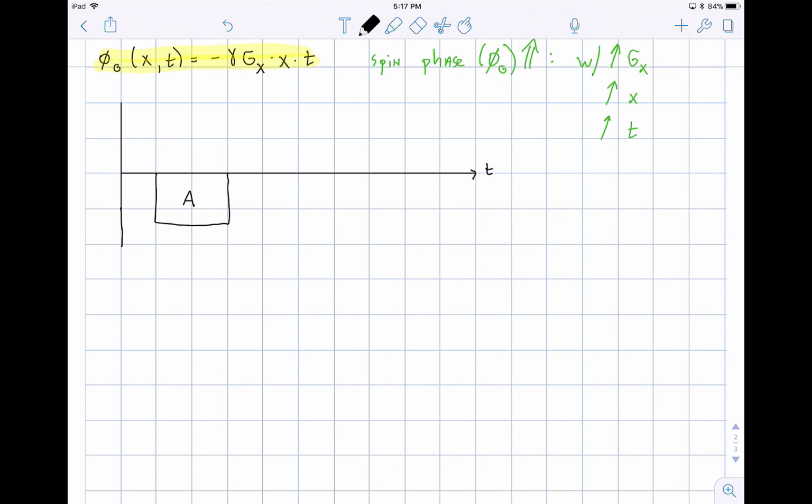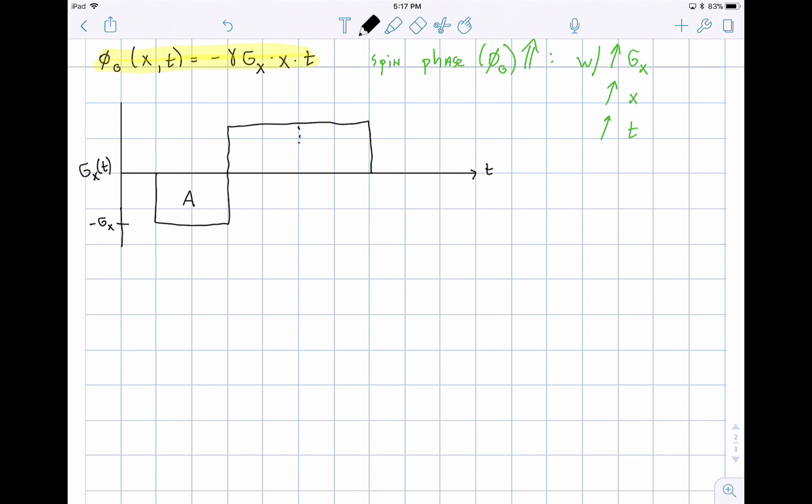Maybe with my axis, that's the time axis, and this axis here is just what's happening to my g function. Then if I turn my gradient on in the negative sense for a while, maybe to an amplitude of minus gx, I can subsequently turn my gradient on to be positive for maybe a period that's twice as long.